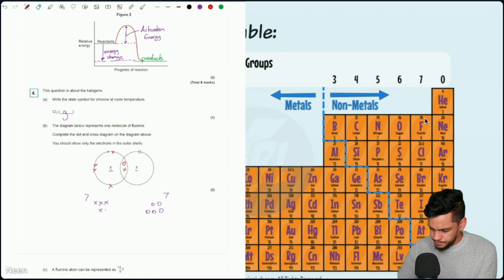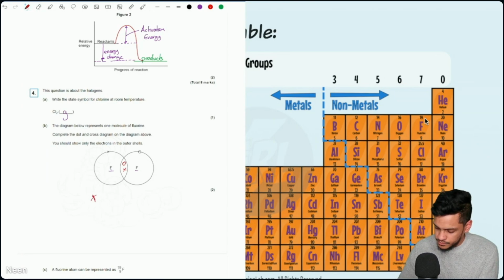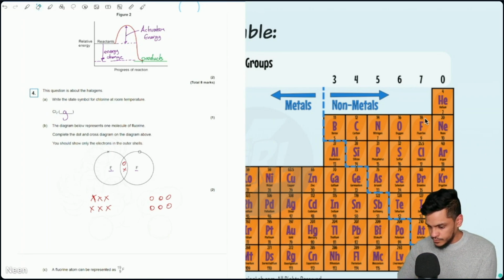Let me start again. Right, let me start again. I am confusing myself. 7 electrons, 7 electrons here. Okay, so we've taken one and we've put it in the middle. So we've taken that one, we've taken that one, put it in the middle.